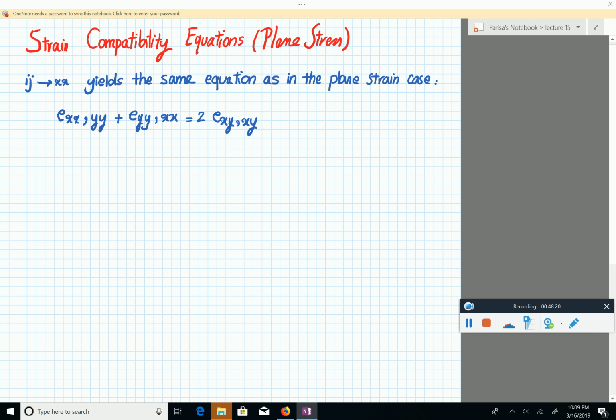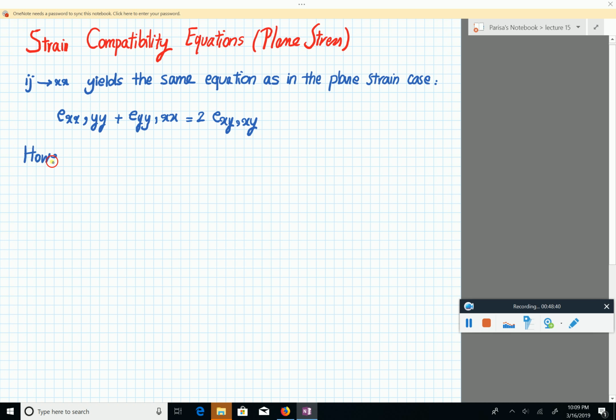However, not all the other strain compatibility equations are trivially satisfied, which was the case in plane strain.